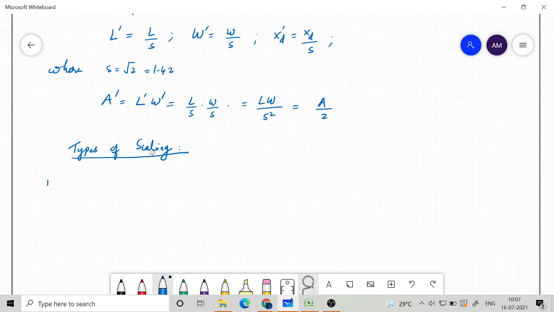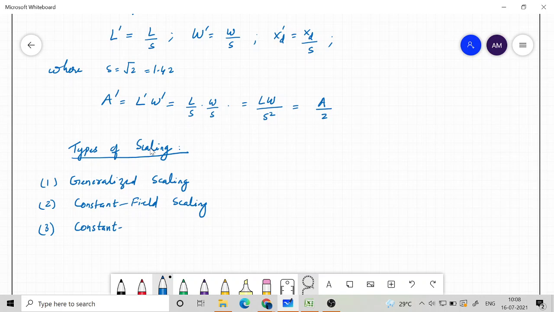I would like to classify them as number 1, generalized scaling, number 2, constant field scaling, and number 3, constant voltage scaling.